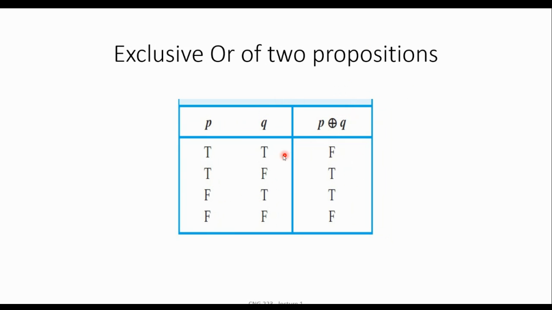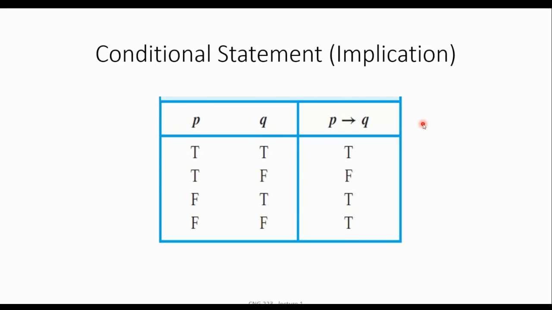If both of them are true, this is false. Either P is true or Q is true. Otherwise, if both of them are true or both of them are false, then we say this compound proposition is false. Actually, they are not compound yet, because later I will show you what a compound proposition would look like.